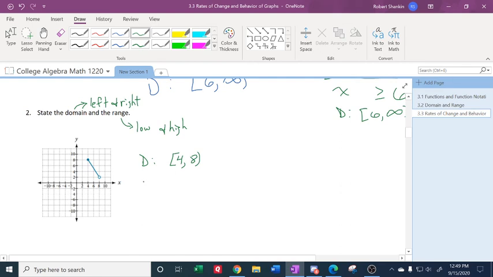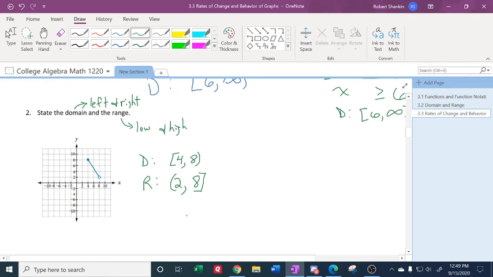And the range, how low to how high does this graph go? Now, the lowest point is 2, but actually it can never equal 2. Highest it goes is 8, but it can get to a height of 8, like this.